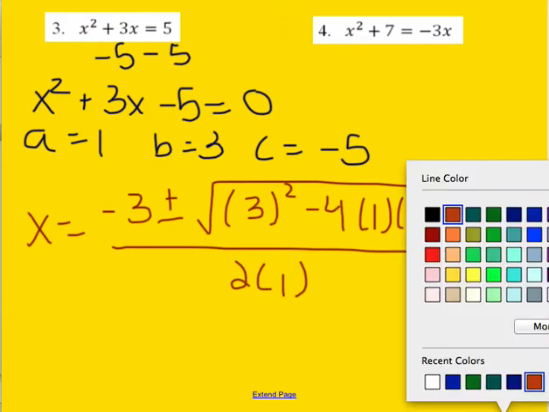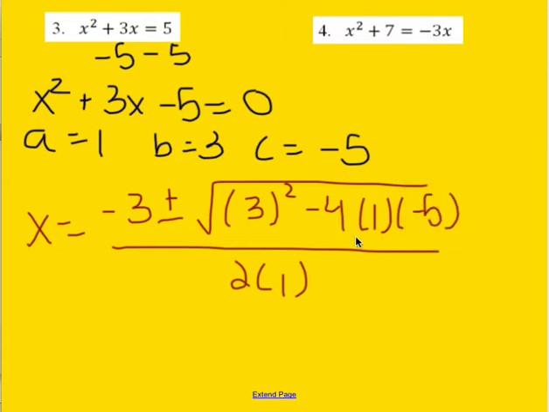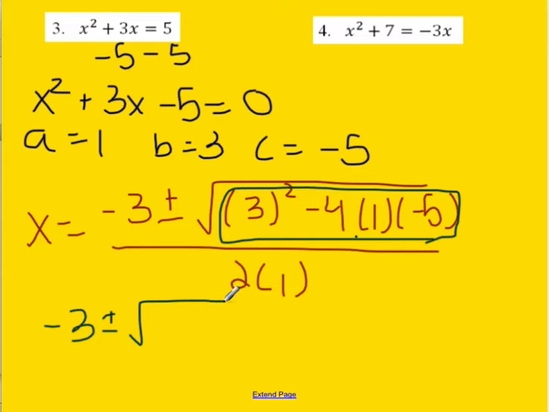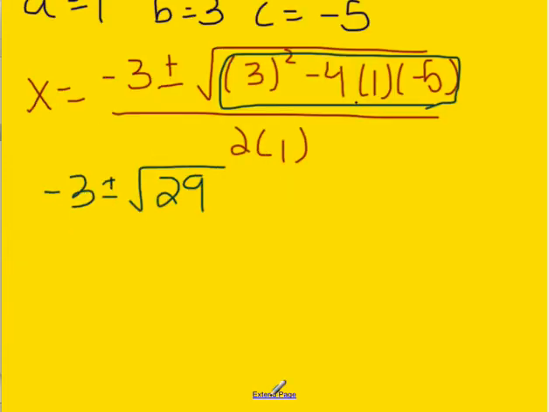So again, I want you to simplify underneath the quadratic formula first. So simplify that first. Then you get negative 3 plus or minus the square root of 3 squared minus 4 times 1 times negative 5. When you type all of that into your calculator, you end up with 29. And then 2 times 1 is going to give you 2.